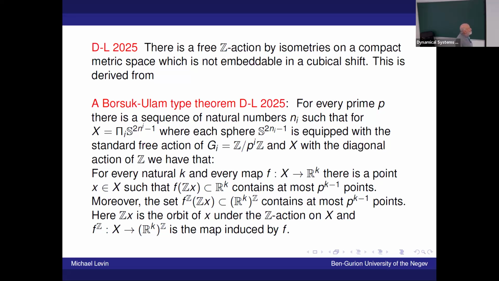So the essence of this result lies in algebraic topology.